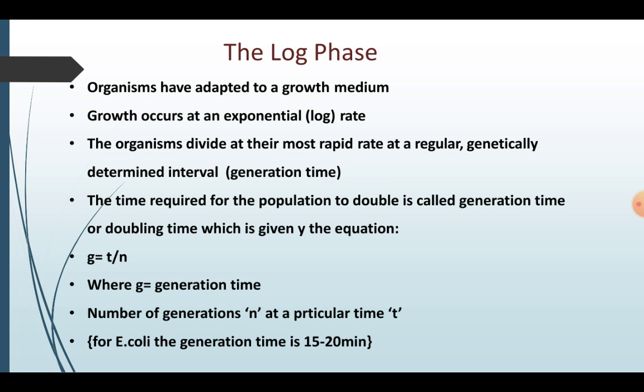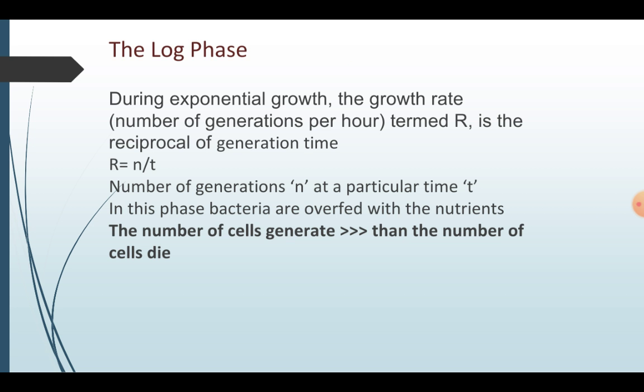The time required for the population to double is called generation time or doubling time, which is given by the equation g equals t over n, where g is generation time, and n is the number of generations at a particular time t. During exponential growth, the growth rate, termed r, is the reciprocal of generation time.